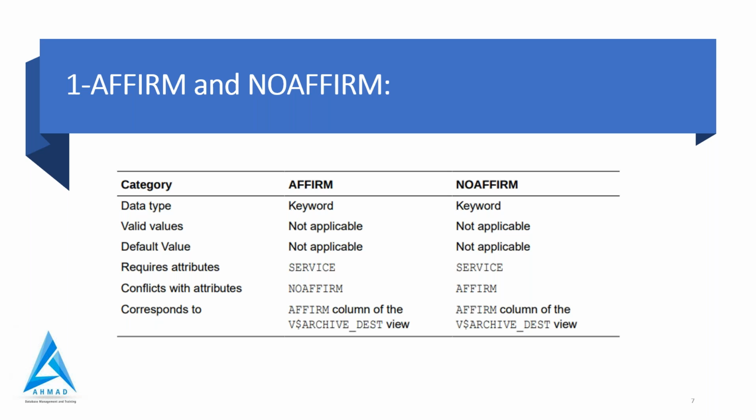If you are not defining the AFFIRM or NOAFFIRM attribute, then the default is AFFIRM when the SYNC attribute is specified, and NOAFFIRM when the ASYNC attribute is specified. The AFFIRM attribute without the SYNC attribute is deprecated and will not be supported in a future release.